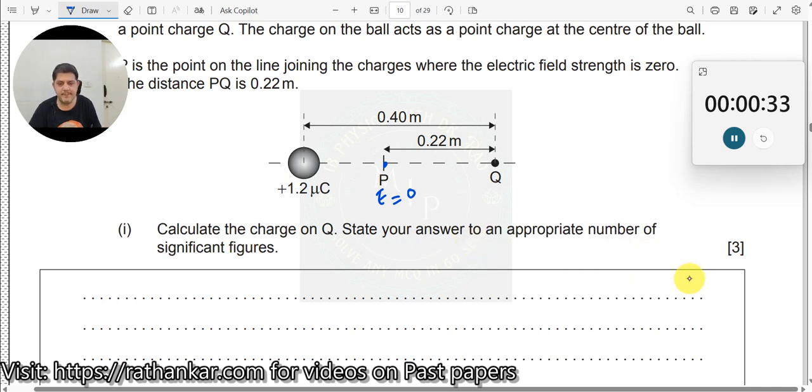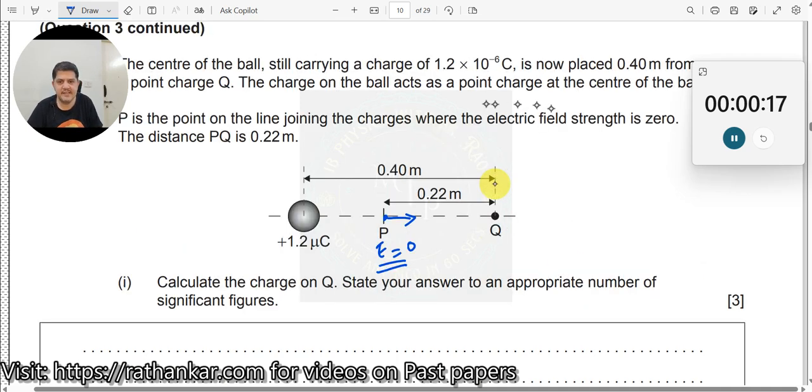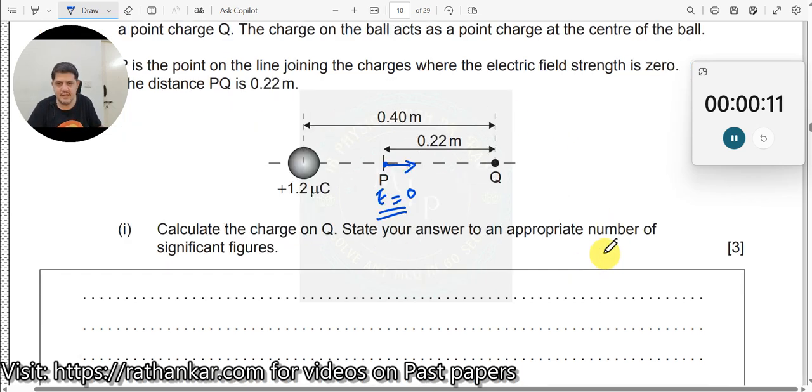3 marks. So why should electric field become 0? The reason is simple. See, this 1.2 microcoulomb positive charge will now try to have an electric field in this direction. You will have an electric field at point P in this direction. And this Q, what is this Q here? Can it be positive or negative? It's from a point charge Q. It doesn't say anything about it, but now you need to know.